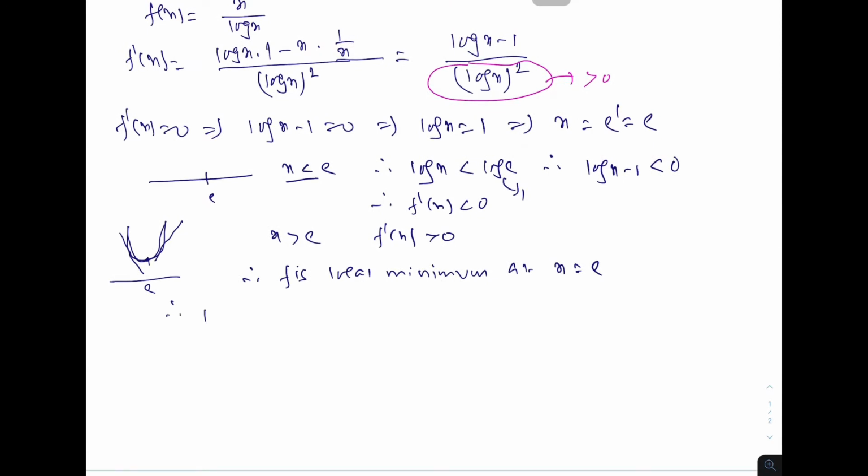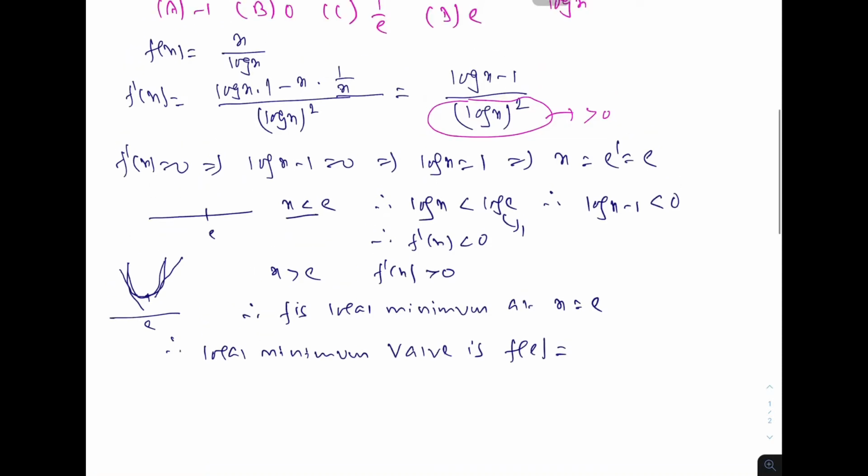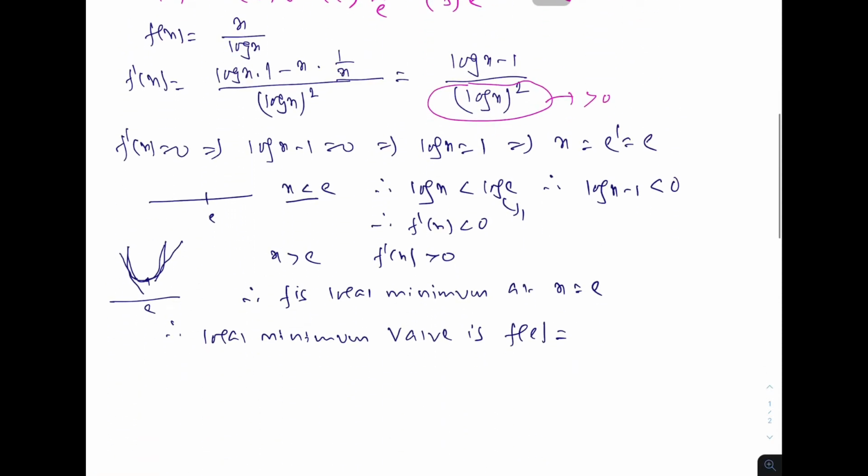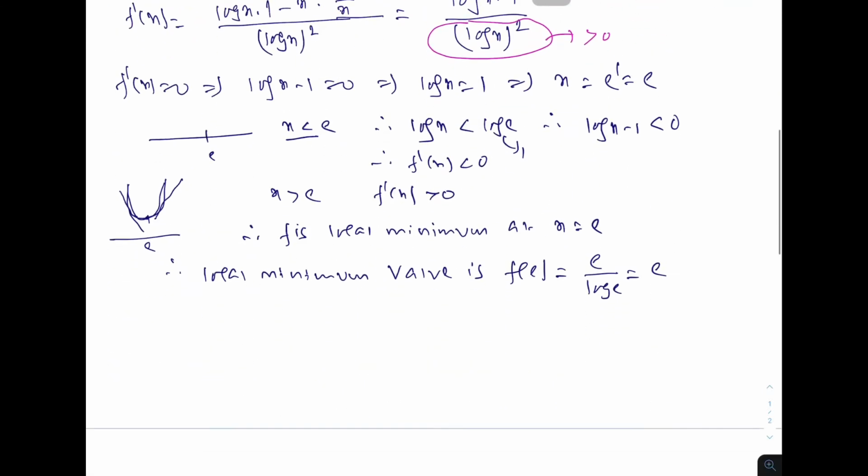So therefore local minimum value is f of e, and that is e over log e. Log e is 1, so that means e. So this D option is the answer. Okay.